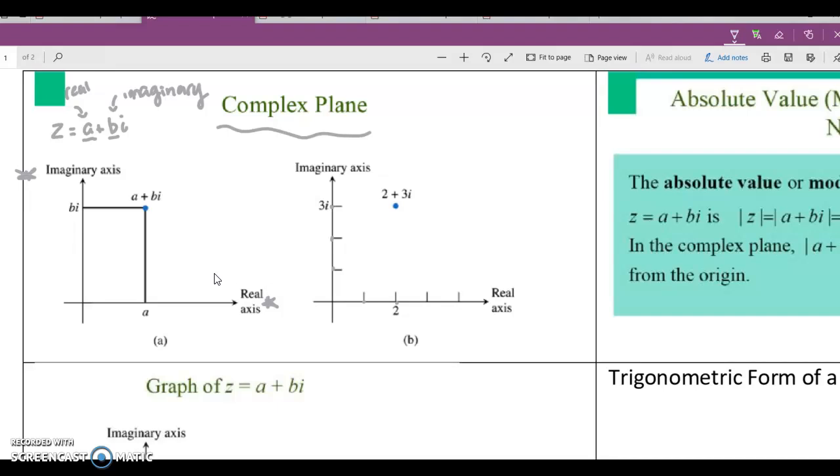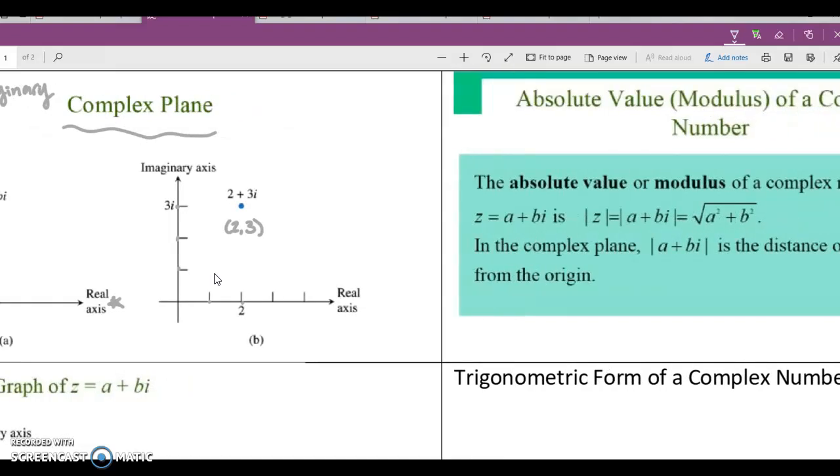So this is like in just the regular Cartesian plane, our regular rectangular good old x and y plane. This is the point (2, 3). So we will be going back and forth between complex plane and not complex plane. I don't know if that's how you call it, whatever.